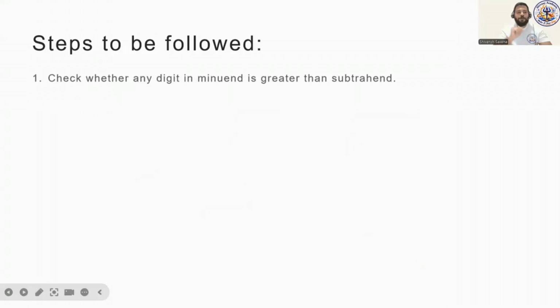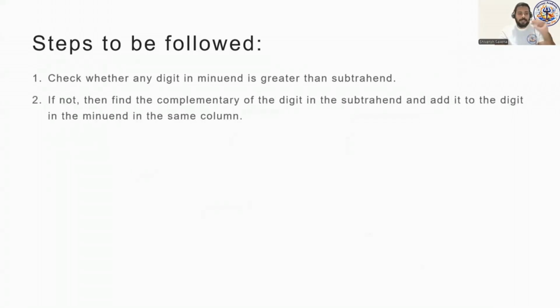So steps to be followed. First step, check whether any digit in the minuend is greater than the subtrahend. Second, if the digit in the minuend is smaller than the subtrahend, then find the complementary of the digit in the subtrahend and add it to the digit in the minuend in the same column.